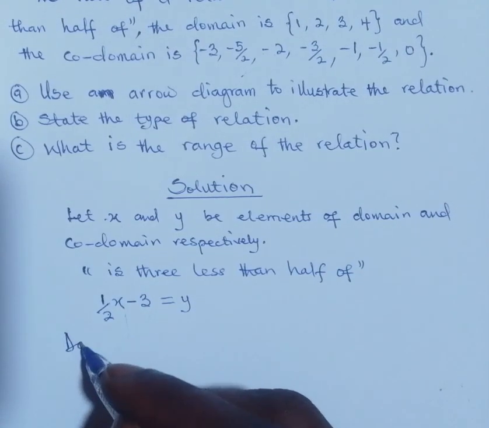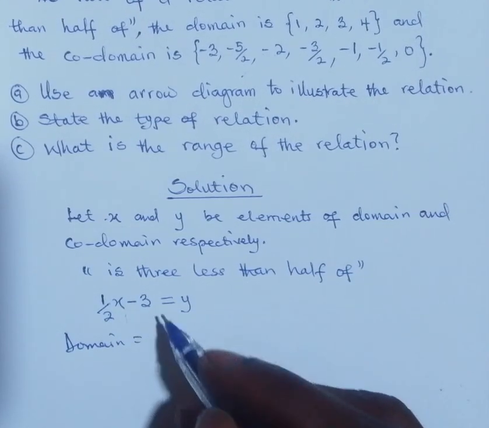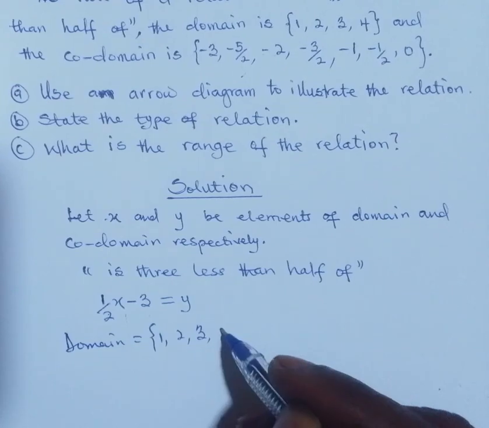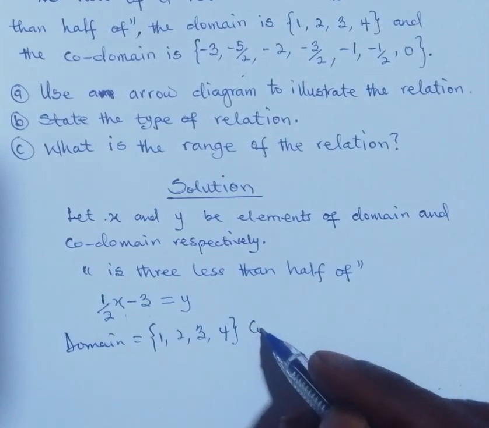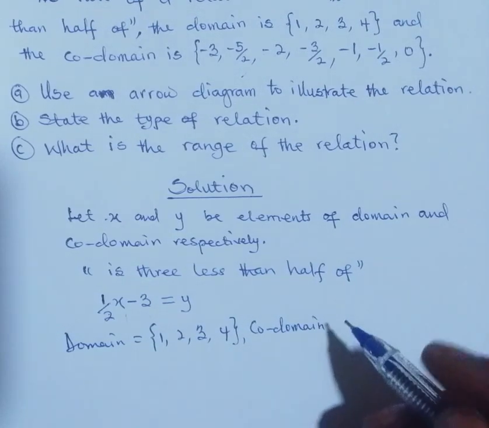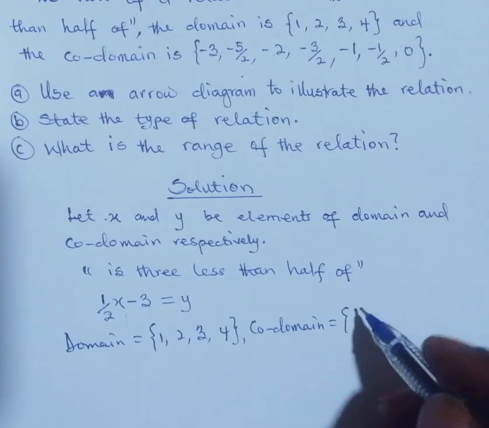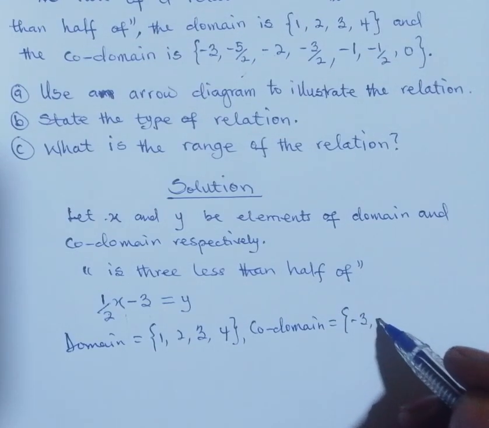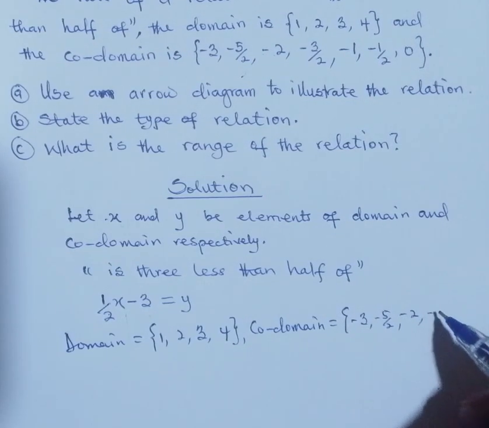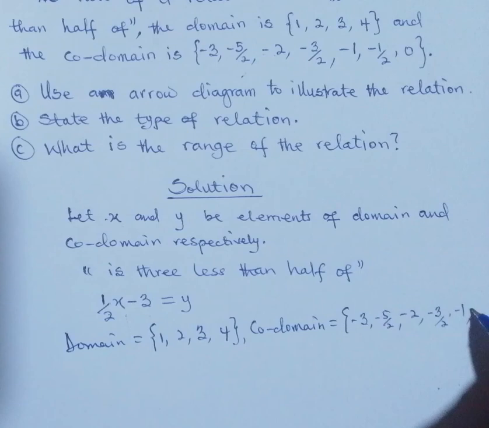All right, so we are going to use the domain. We know that the domain is given as 1, 2, 3 and 4, while the codomain is giving us -3, -5/2, -2, -3/2, -1, -1/2, and 0.